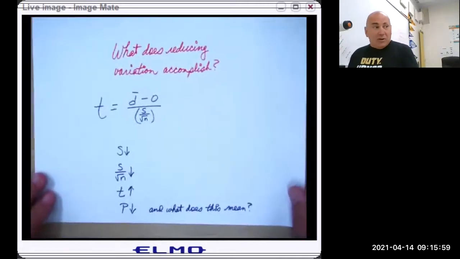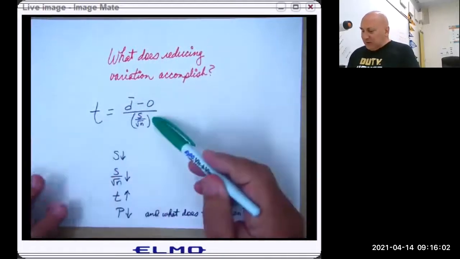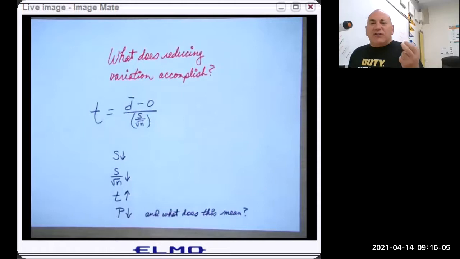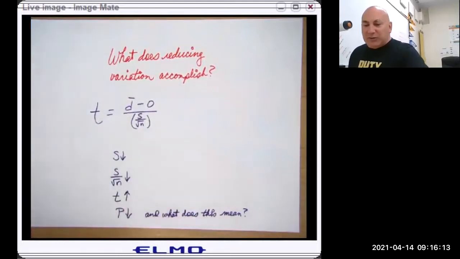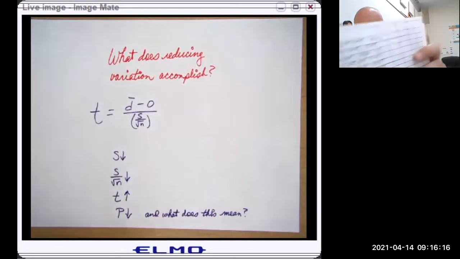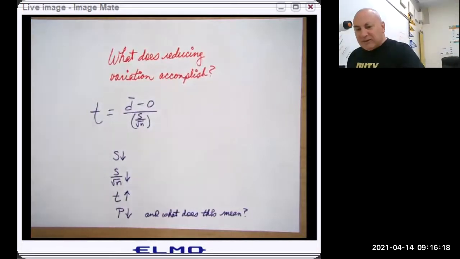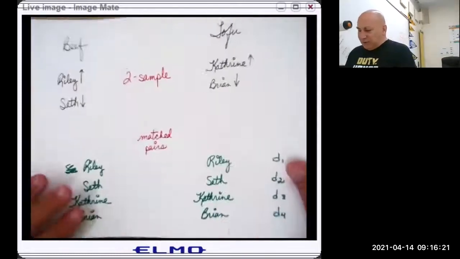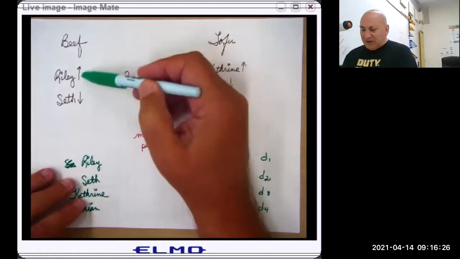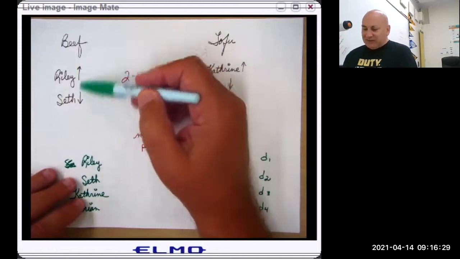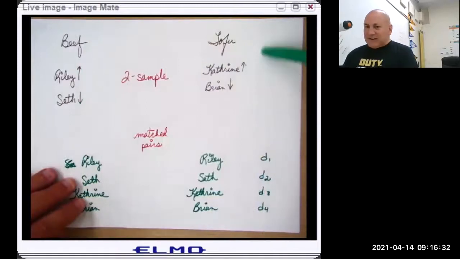So what does this reducing variation accomplish? Well, here's our t statistic. We're reducing variation, so the standard dev is going to decrease because we got rid of that variation. If we went back to the 2-sample method, you see there's going to be a very wide standard dev here, because Riley really likes things and Seth really doesn't, and a really big standard dev over here.